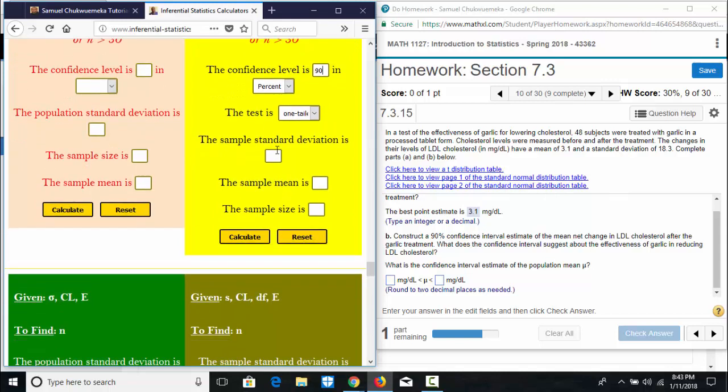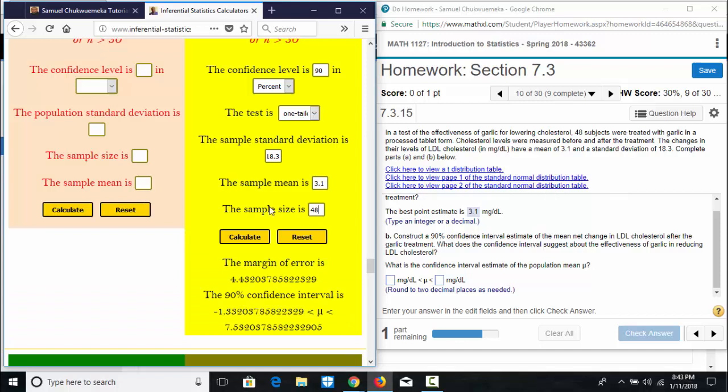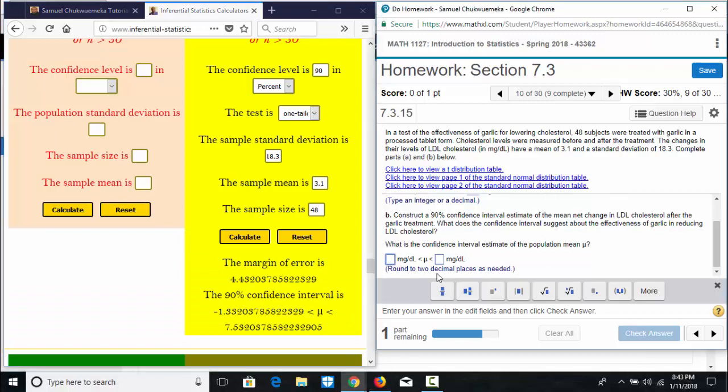Test is T. Sample standard deviation is 18.3. Sample mean is 3.1. Sample size is 48. Enter. So the lower confidence limit to 2 decimal places would be -1.33, and the upper confidence limit to 2 decimal places is 7.53.